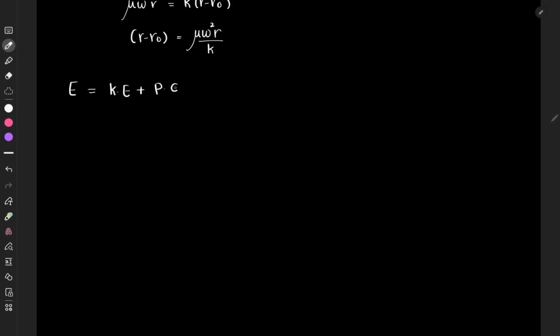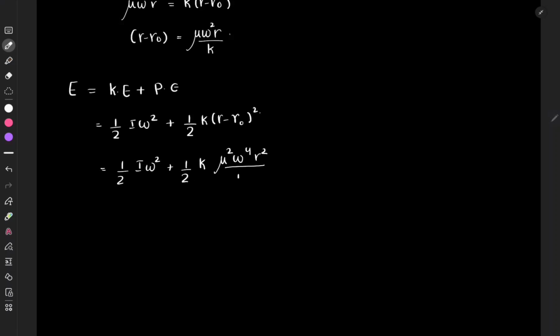The kinetic energy here is half I omega square, and the potential energy is half k, the restoring force constant, into r minus r naught the whole square. So r minus r naught is nothing but nu omega square r by k. So it will be half I omega square plus half k nu square omega raised to 4 r square by k square. So this k gets cancelled, and you'll get by k.